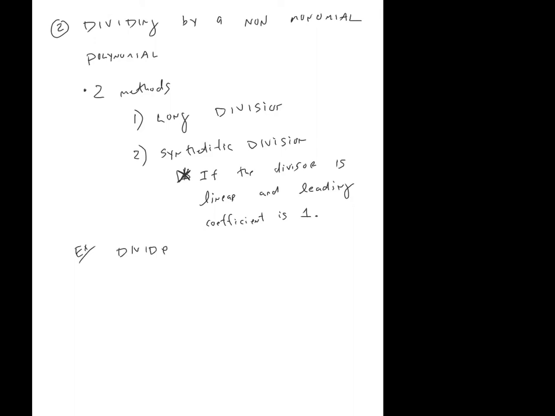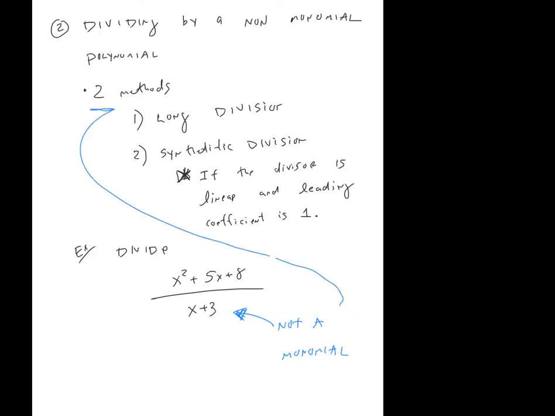Divide x squared plus 5x plus 8 over x plus 3. I need you to notice, not a monomial. So we cannot do what we just did in the previous two examples, which means this method or that method.